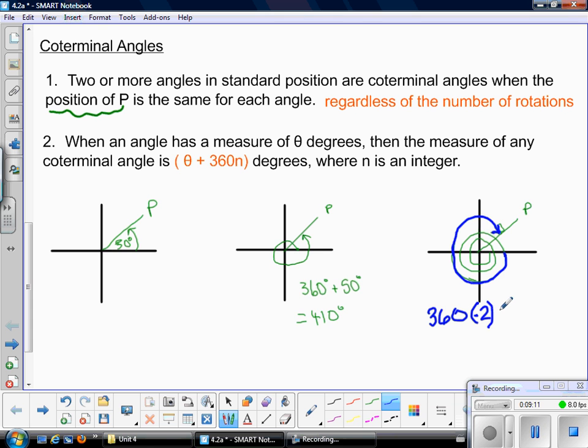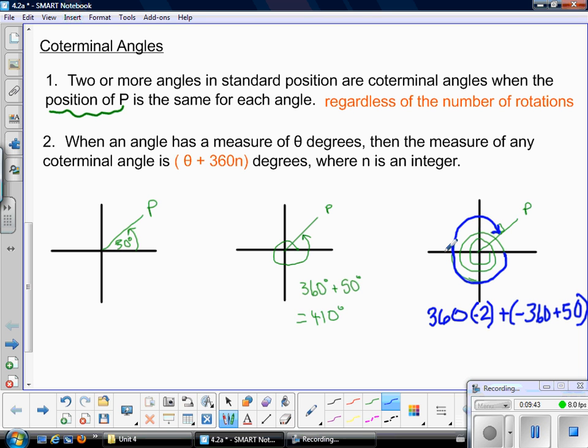And then how do I get this last one? Well, this last one is more than 50, so it's going to be negative 360 plus 50. Okay, and so that would then give us our blue amount.